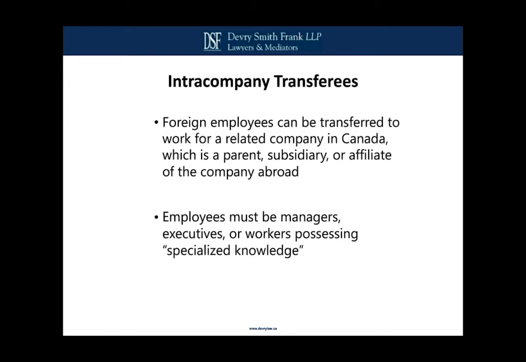Since we talked about companies establishing operations in Canada, there is the very useful category known as the intra-company transferee, which allows foreign employees to be transferred from a related company outside of Canada to a parent or subsidiary or affiliate in Canada. Now, not all employees qualify. One must be either on a managerial level or an executive, or the worker must possess specialized knowledge, which is a defined term, far too complicated to get into here.